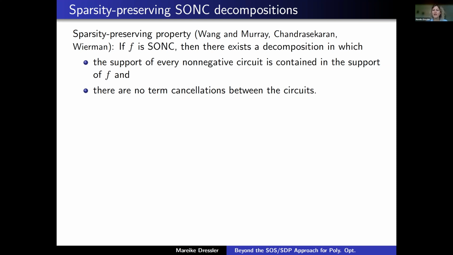For instance, if you think about sums of squares, usually term cancellations can occur, and you sometimes also need more support points than your original input polynomial to write it as an SOS decomposition. But this is not the case for SONC.